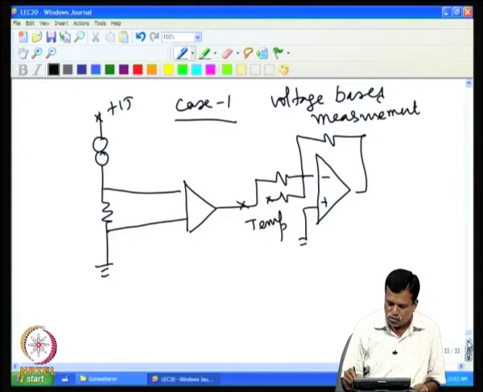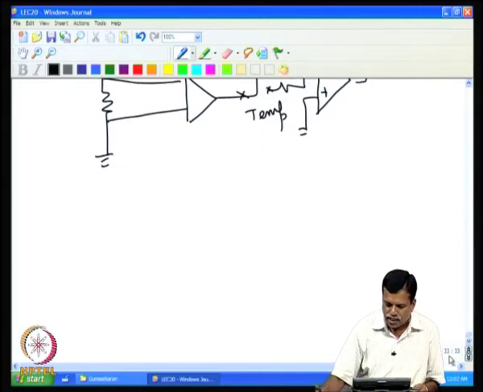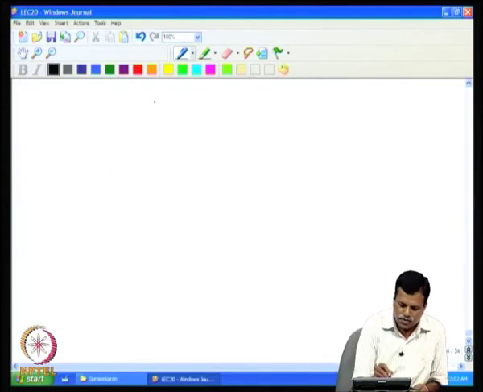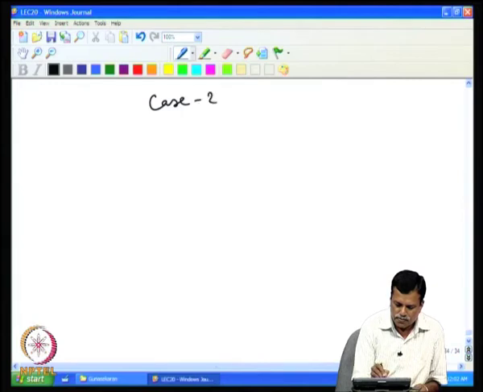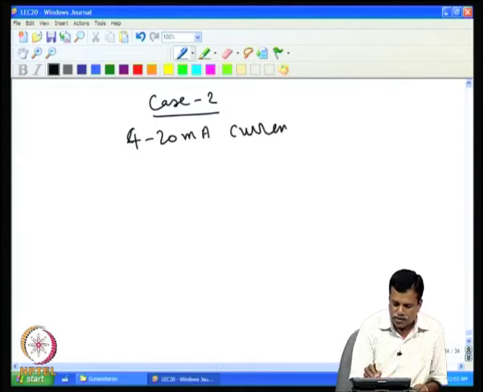And then in case 2 we go for 4-20 milliampere current based measurement. So, case 2, current based measurement, 4-20 milliampere current based temperature measurement.